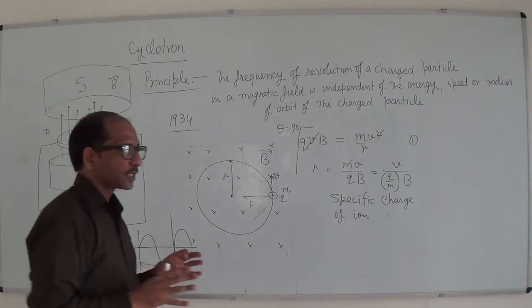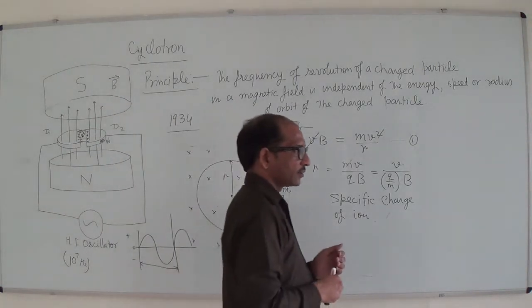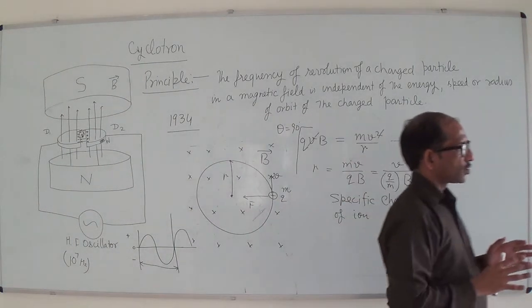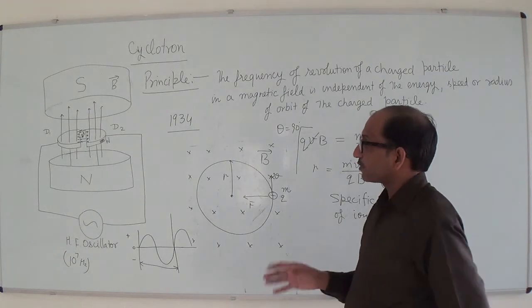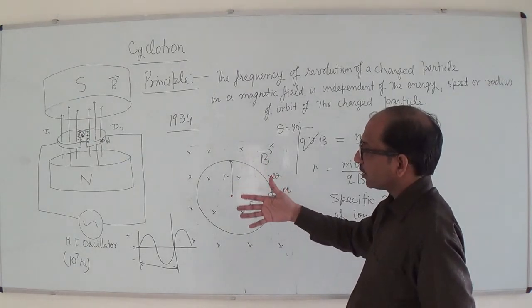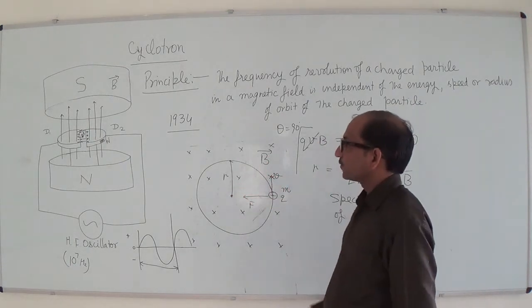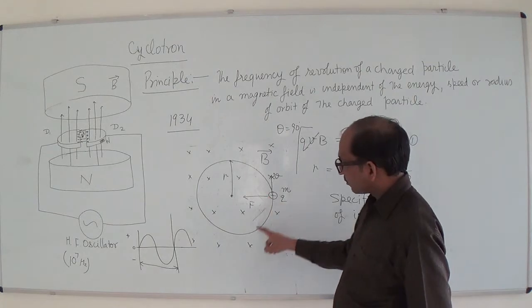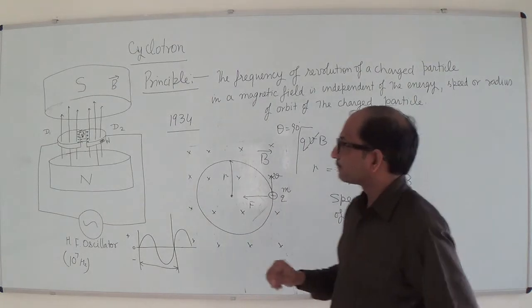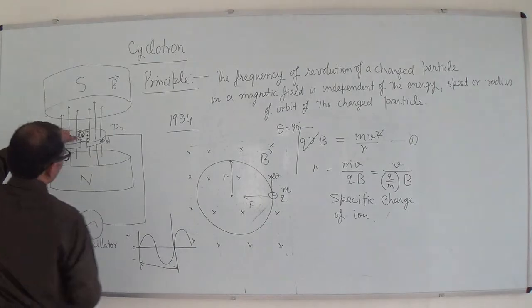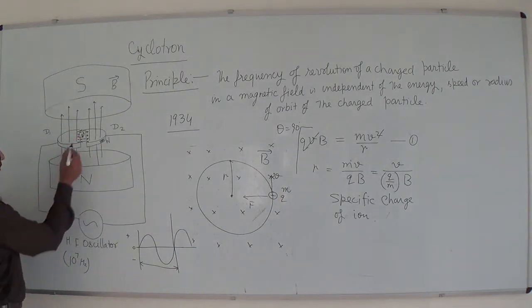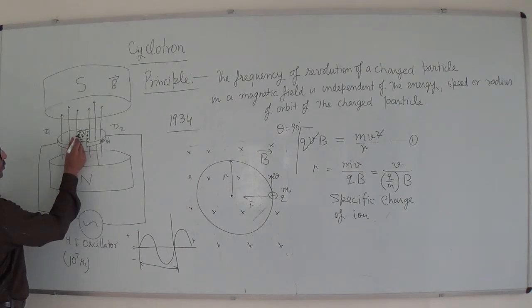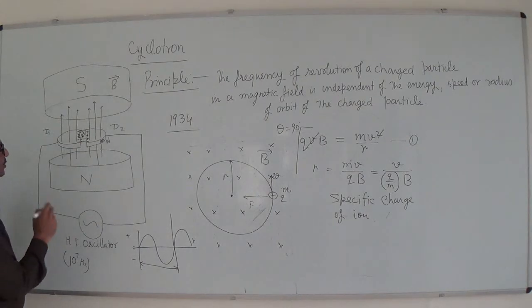This charged particle is shielded from the electric field, so there is only the magnetic field, and that magnetic field is perpendicular to the direction of velocity, so as a result it follows a circular path. So this ion will follow a semicircle. It will follow this circle, and this is the radius of this particular semicircle.